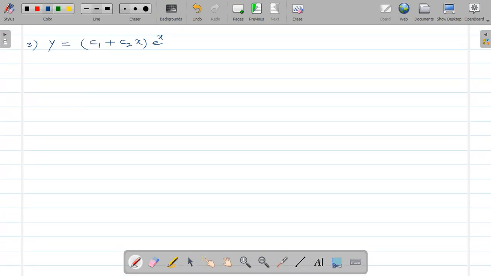The function is given: y is equal to (c1 plus c2x) into e raised to x. Now here there are two constants, so we have to differentiate this 2 times. So let us consider the given function y is equal to (c1 plus c2x) into e raised to x.